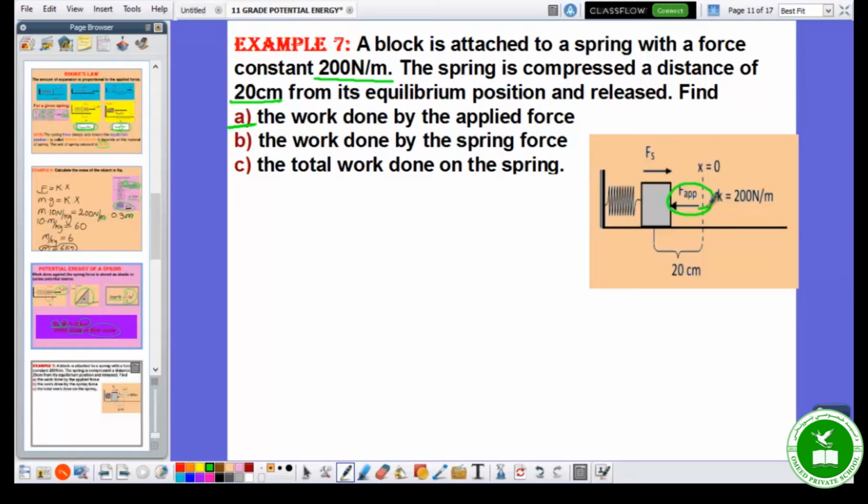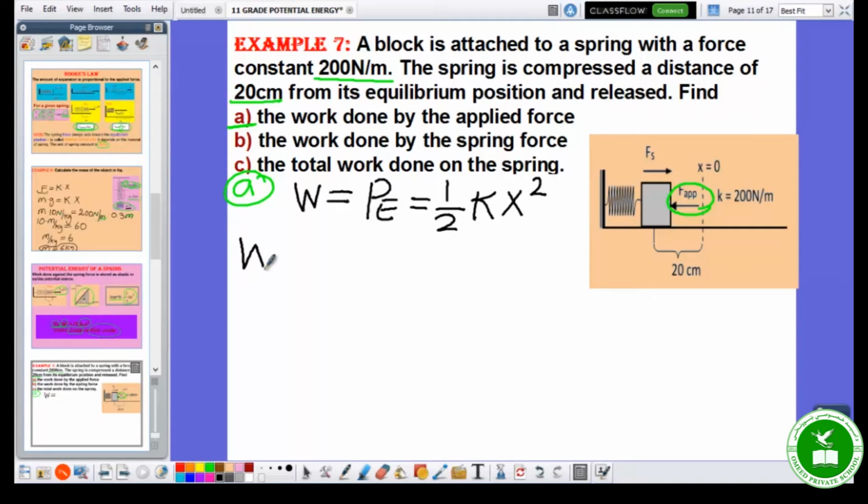Okay, let's solve A part first. Work done is equal to potential energy of the spring, equal to 1 over 2 kx square.